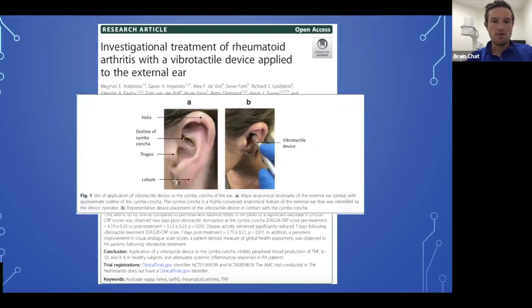So in this paper, they discussed the use of a vibrotactile device. I've talked about this before on our page, but it's basically like a vibration pen at a specific frequency. And they did it on a specific area of the ear, the cymba concha. The reason they used that specific area, I don't think this paper discussed a lot about acupuncture points, but there are several important acupuncture points in the ear, and there's also the auriculotemporal branch of the vagus nerve.